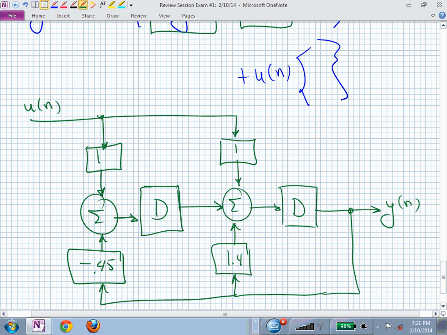Now, how do I get a state space representation from this? It's exactly the same process as before. Now we just assign our state variables and we assign those to be the outputs of our delay blocks. I'm going to make mine, let's say x1 of n right there and x sub 2 of n right there.